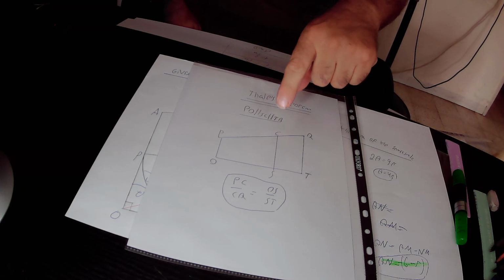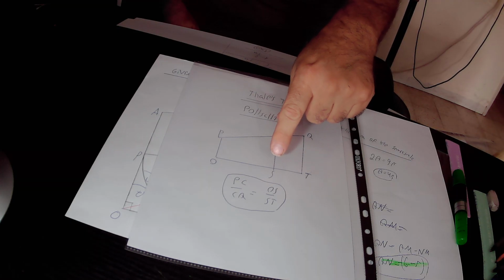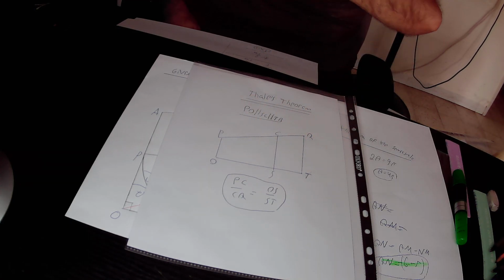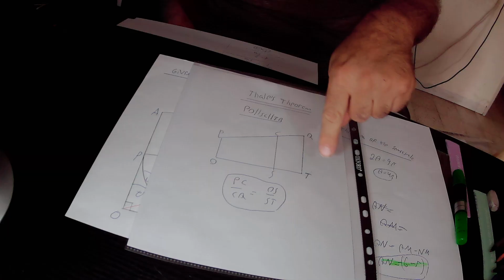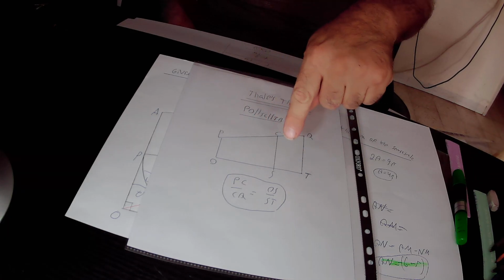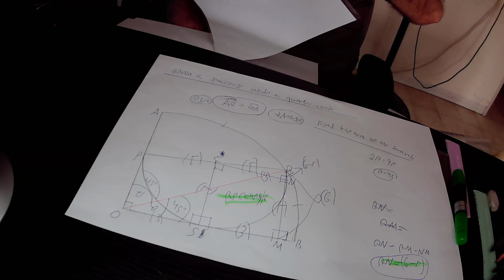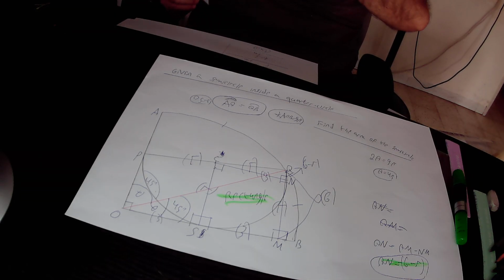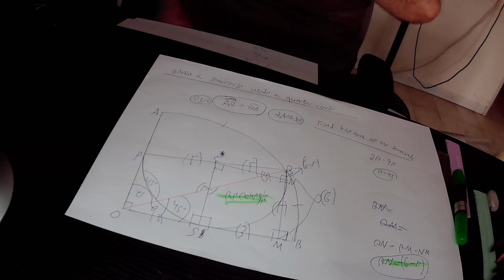Then we have a special relationship between those two lines, PQ and OT. The relationship is as follows: PC over CQ equals OS over ST. So we can implement Thales' theorem in our drawing, because we have here one, two, three parallel lines.